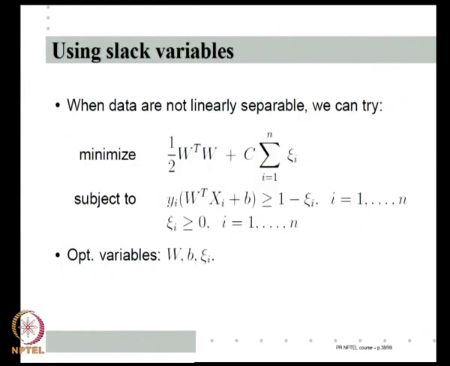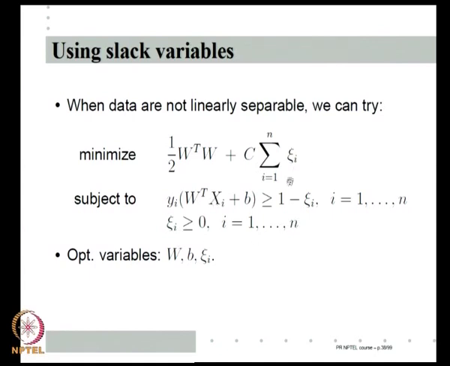So, what we do for the general case: normally we want y_i times (w transpose x_i plus b) greater than or equal to 1. Forget about the xi right now, we actually wanted y_i times (w transpose x_i plus b) greater than or equal to 1 for separation. But suppose there is no w, b that can satisfy this. Then I say, okay, if you can't get it greater than 1, get it at least greater than 1 minus xi, where xi is some positive number.